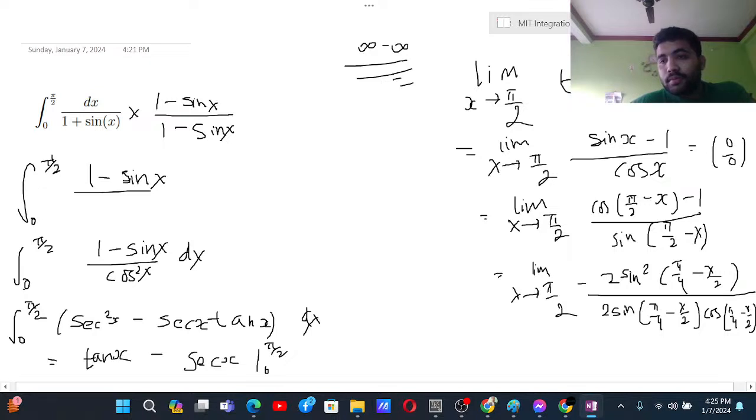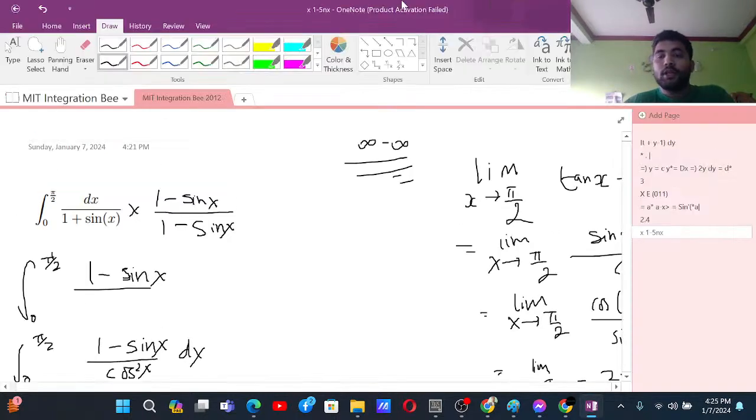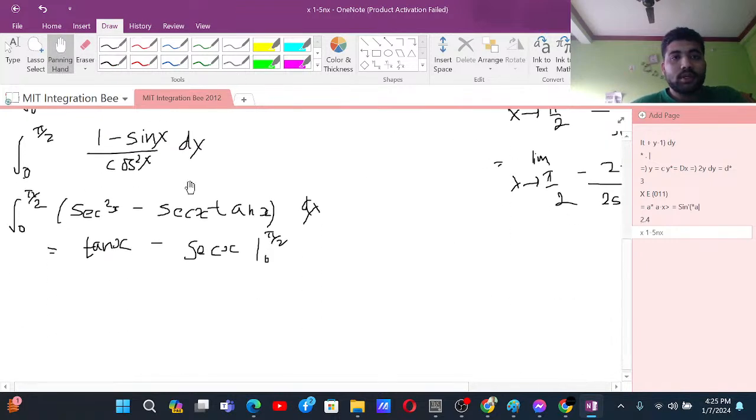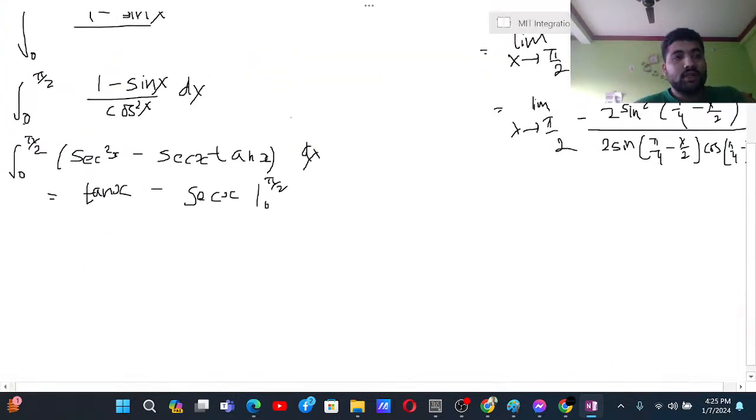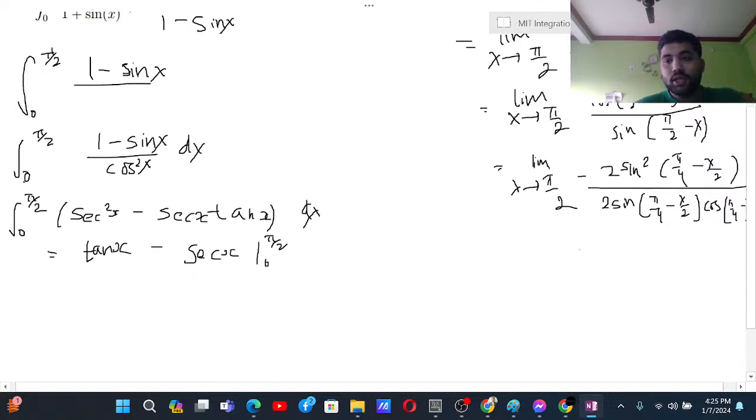Now let me just increase the screen size. If it doesn't work this way, we can solve by changing sine into cos. Yeah, that would work.